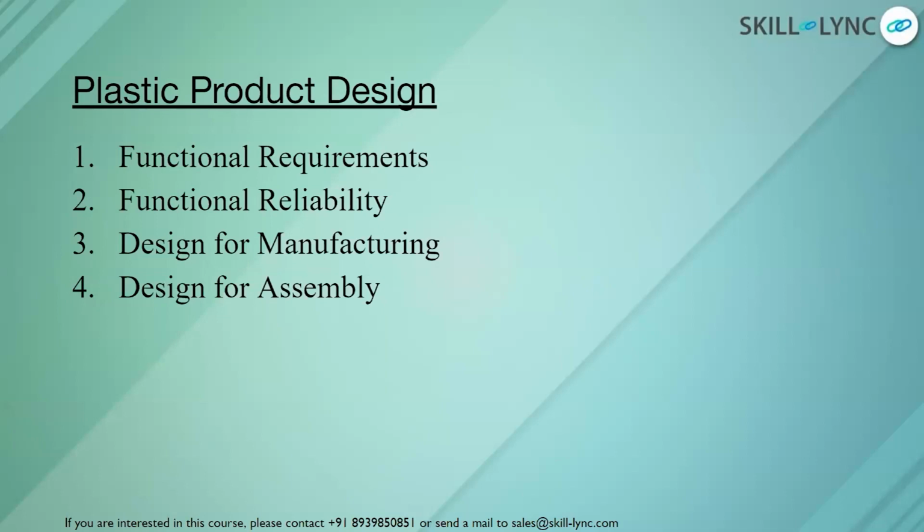Then the reliability factor: how long it can last, and how easily we can use it, is one other factor. And we look into the manufacturing and assembly constraints, or how fast we can design and manufacture those components, and how easily we can assemble them. Those are some of the factors we generally look into whenever we are developing plastic products, correct?